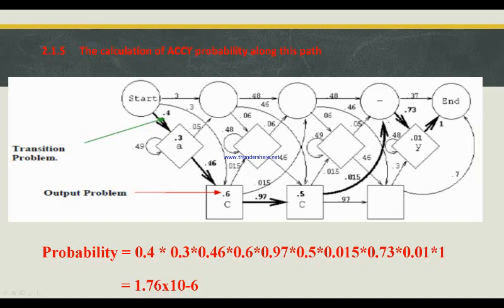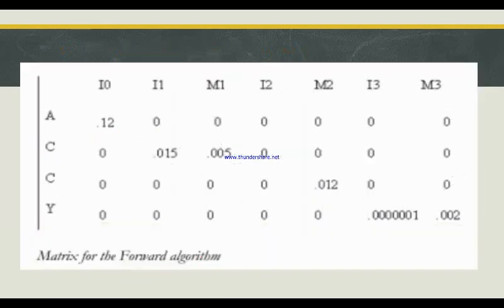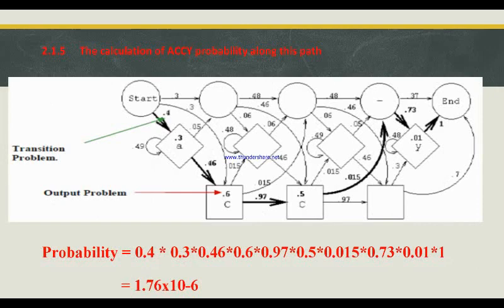And then we multiply here 0.015, and here there isn't any probability. That's the reason why you can see here it is 0, because it goes directly towards the silent state, so we don't need to calculate it.